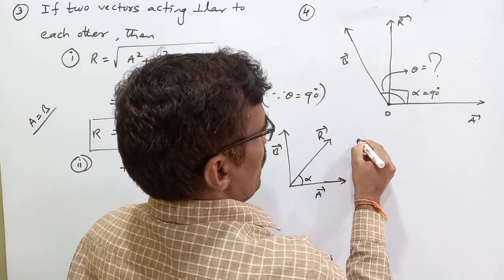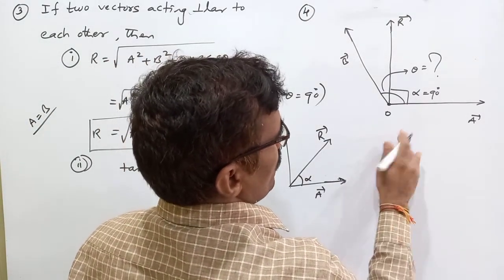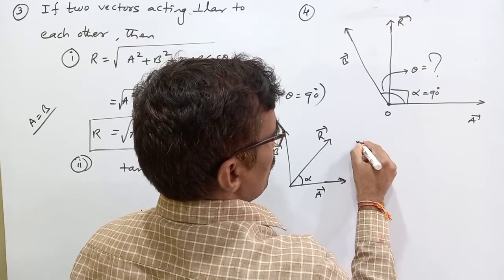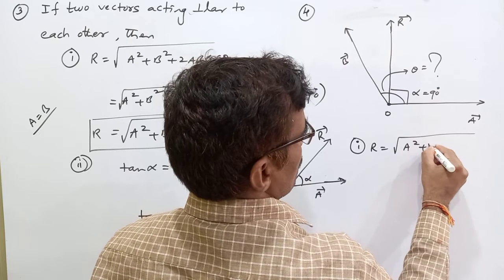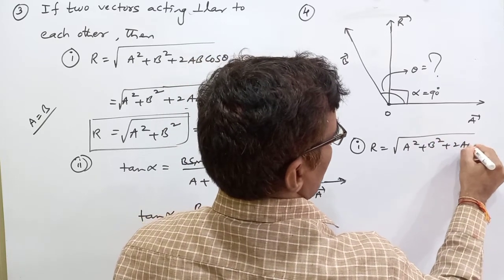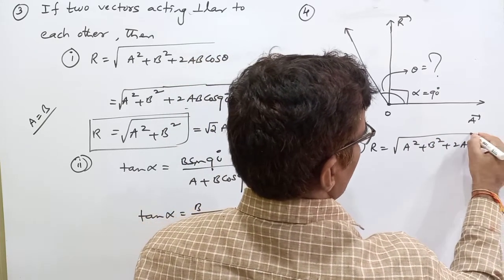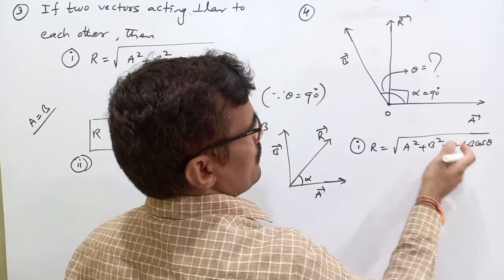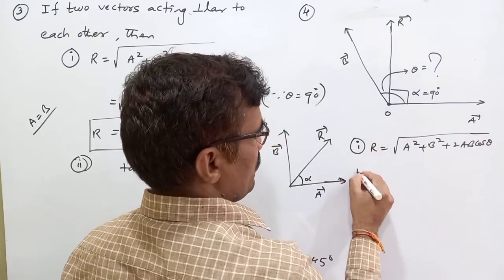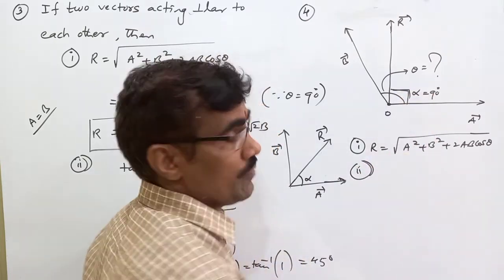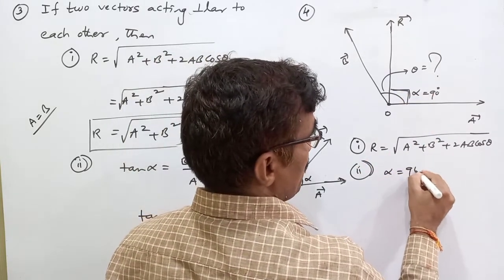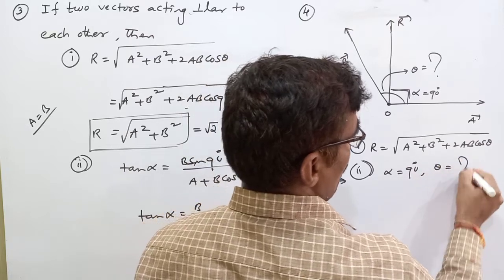So here we use R is equal to, by the parallelogram law of vector addition, root over a square plus b square plus 2ab cos theta, right, sir? But here we first want cos theta, then we get the magnitude of the resultant vector. Here the direction is given, alpha equal to 90 degrees, sir. Then theta equal to how much?